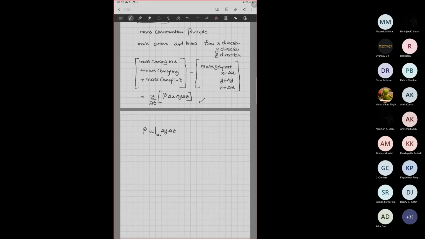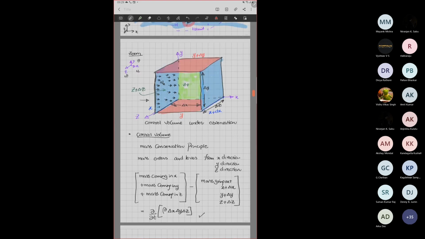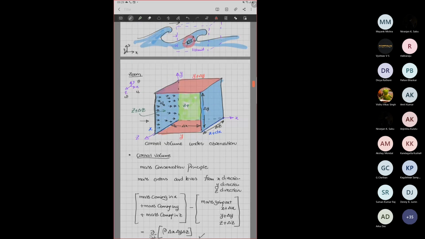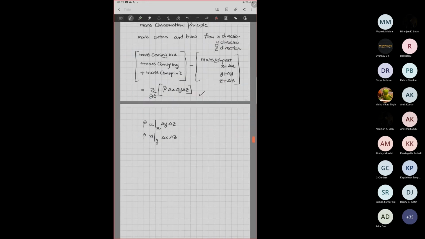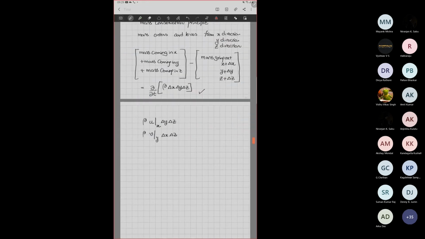Similarly, what is the mass coming in the y direction? Rho v calculated at y multiplied by delta x, delta z. In the y direction, the fluid comes with a velocity v, multiplied by delta x multiplied by delta z. That is the mass entering.